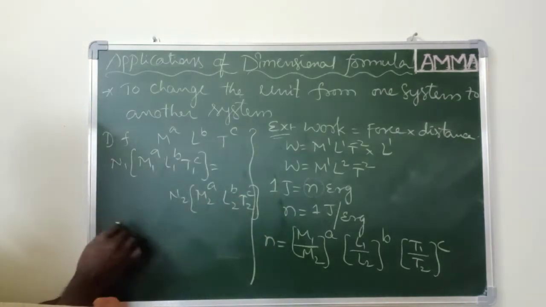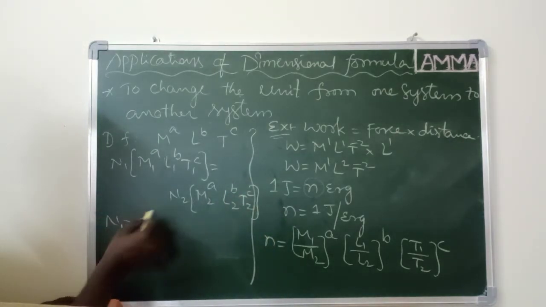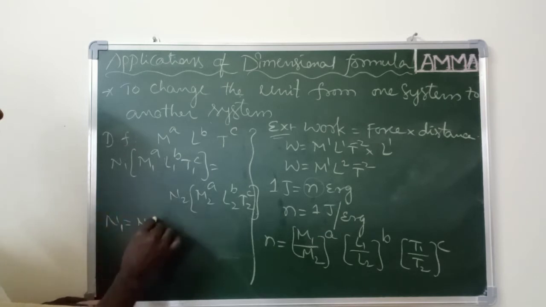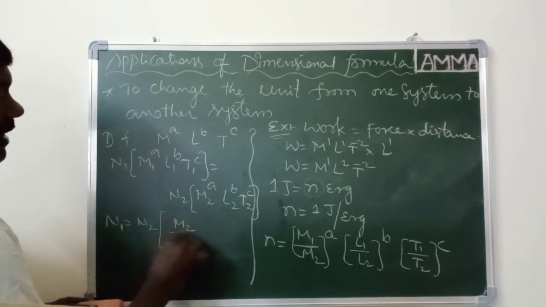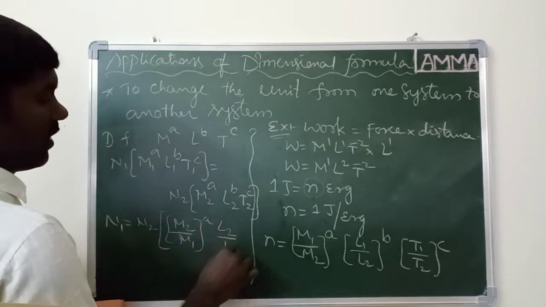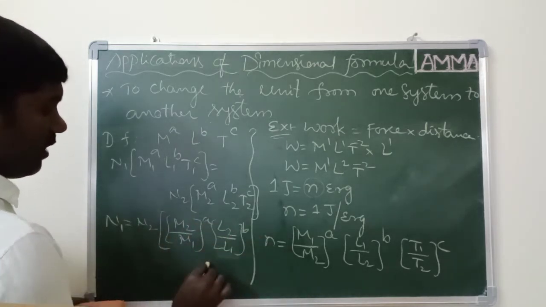So if you want to find any value, then n1 is equal to n2 (M2 by M1)^a (L2 by L1)^b (T2 by T1)^c.